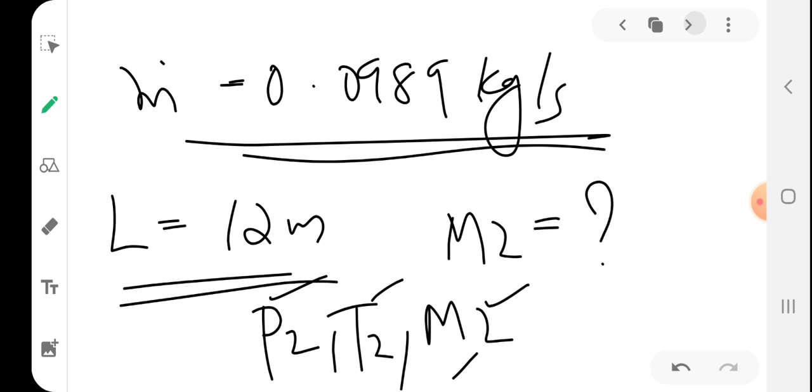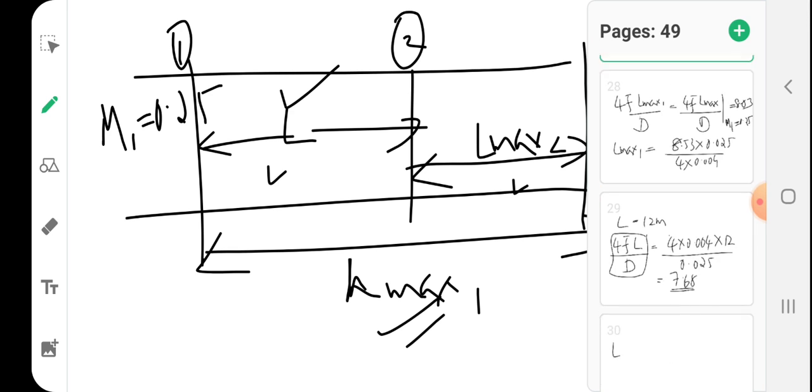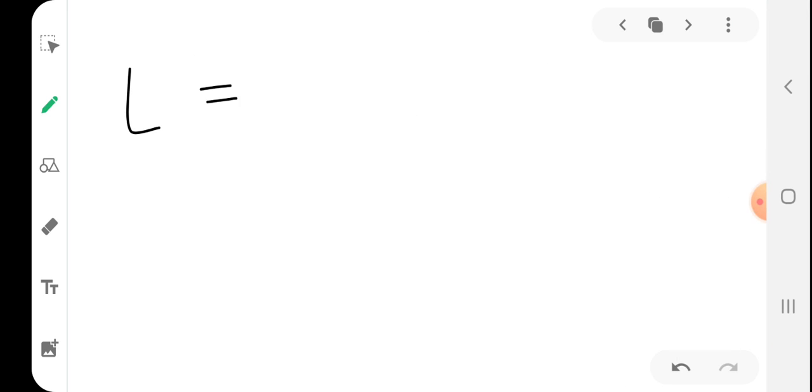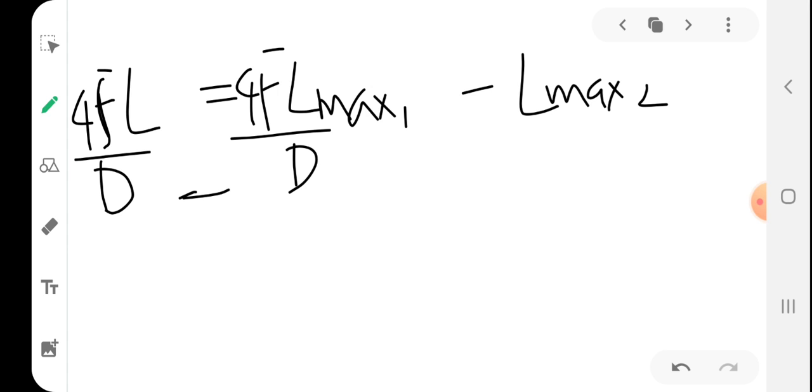So students, you know that from this particular figure you can see that Lmax 1 minus Lmax 2 is L, right? So you can write like this, L equal to Lmax 1 minus Lmax 2. If you multiply by 4f bar by d, it is common, 4f bar by d.